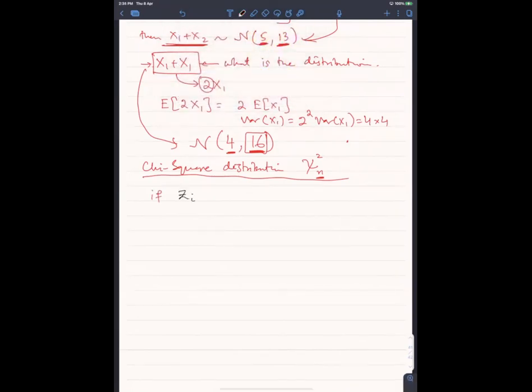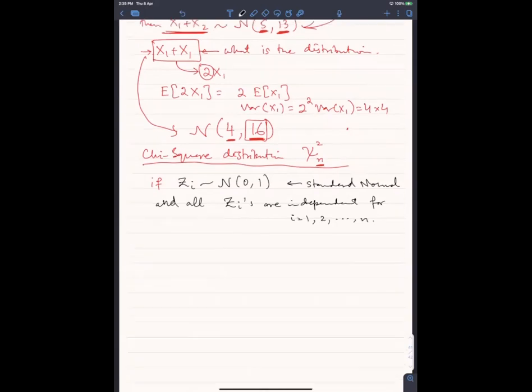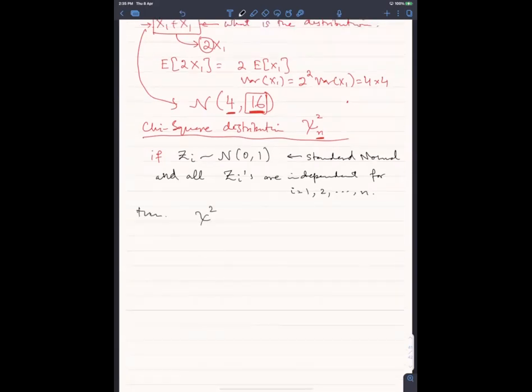If you have zi normal 0 1, standard normal, and all zi's are independent for i equal to 1, 2, all the way up to n, so you have many independent standard normal distributions, then chi-square n is defined as the distribution of the sum over i equal to 1 to n of zi square. So you take the square of each standard normal and sum them.